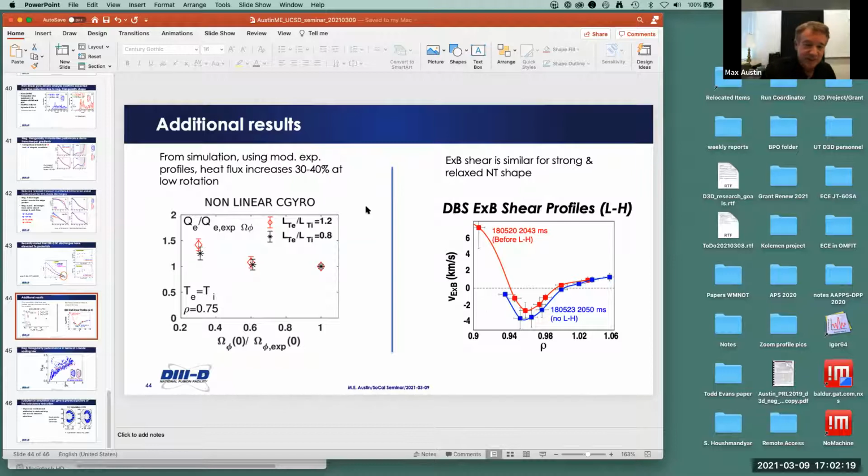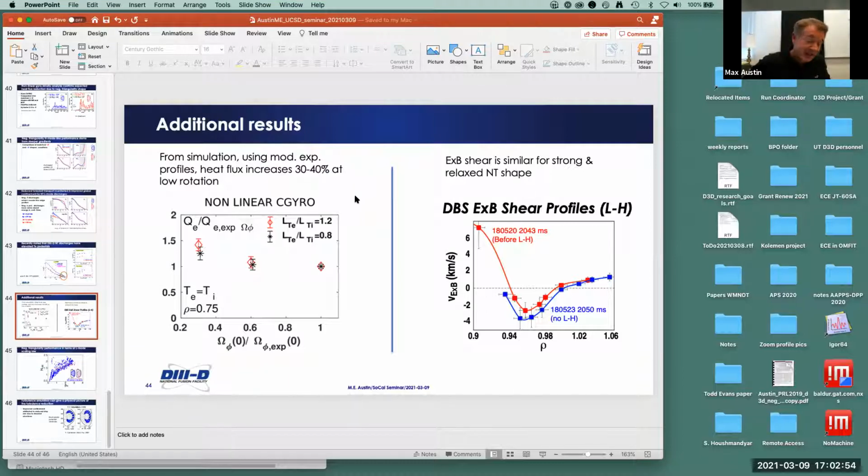I've squeezed two things on here, but mainly over here on the left. This is modifying the experimental profiles. It does show that if you go to low rotation, you expect a heat flux increase of 30 to 40%, as he shows here. So yes, this could be significant, but in some sense, this isn't a surprise. We see this in positive triangularity.